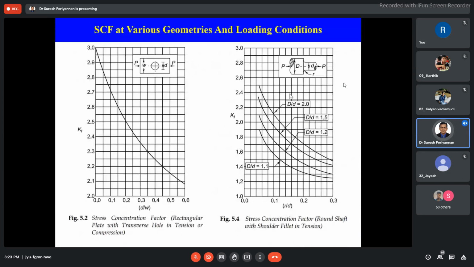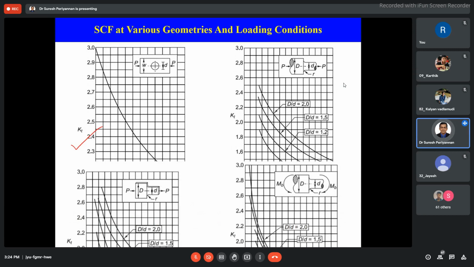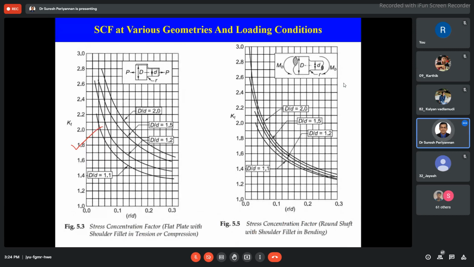Now see here, there is a slide, this doesn't matter. This Figure 5.2, we already discussed. Now come to Figure 5.3. This figure gives the stress concentration for a flat plate with a shoulder fillet.